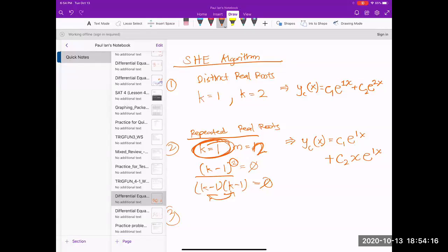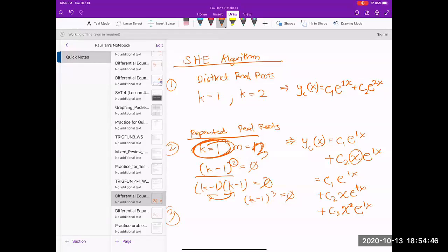And then this thing right here can grow. So what if you had a multiplicity of 3? What if there's (k minus 1) cubed equals 0? Then you would have 3 c's. For example, this guy, and then you have an x still. And the third fundamental solution is x squared e^(1x).